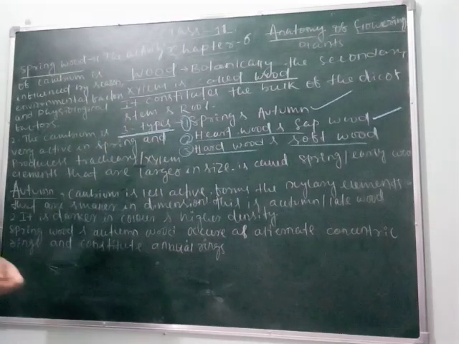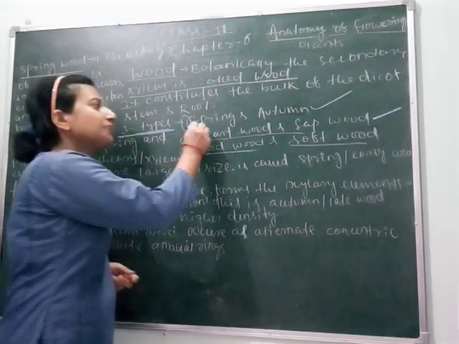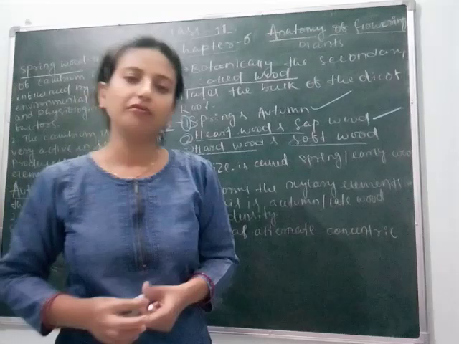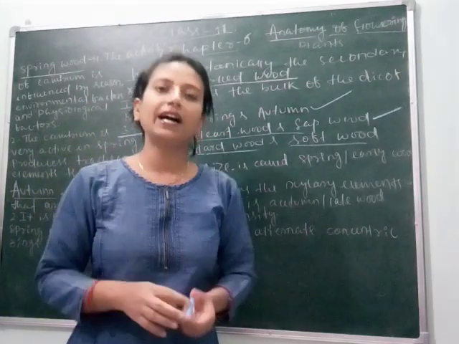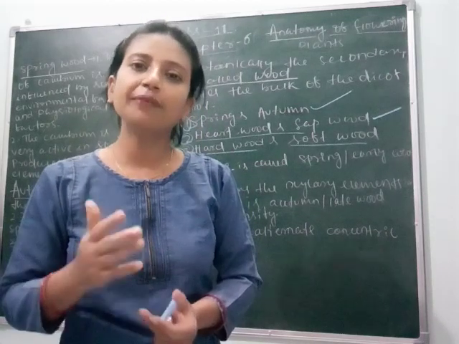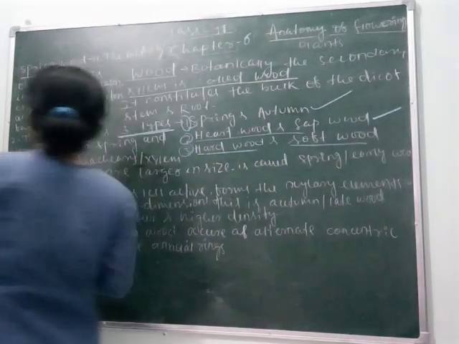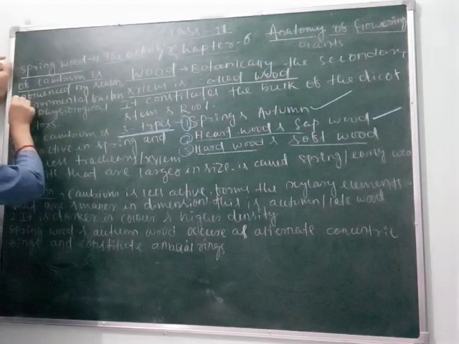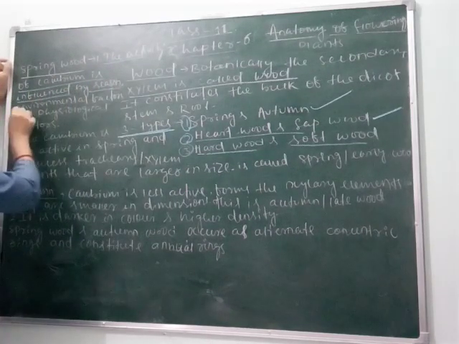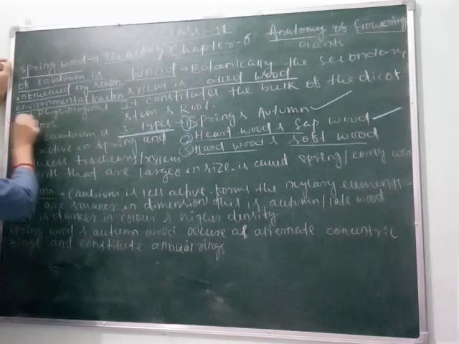So let's start with the difference between spring wood and autumn wood. On what basis are they called so? You can see the activity of cambium is influenced by seasons, environmental factors and physiological factors.